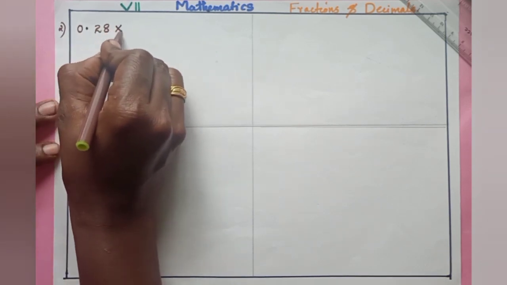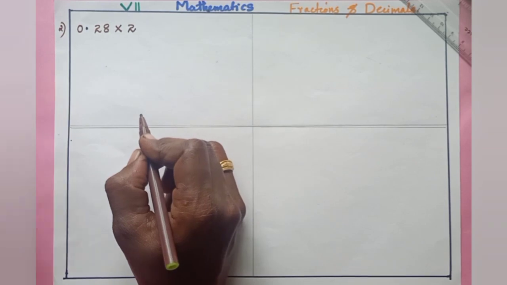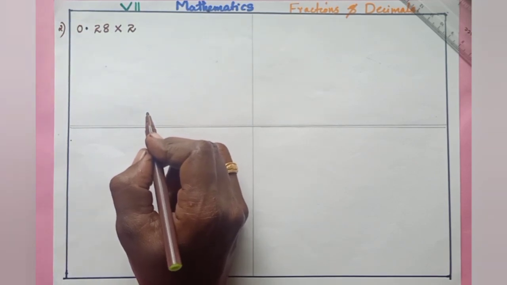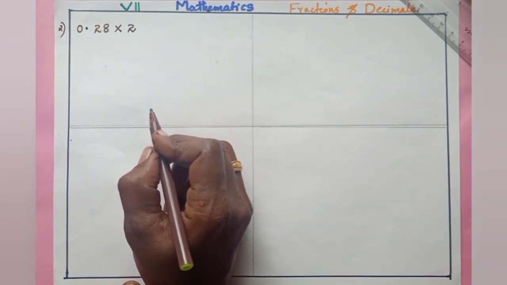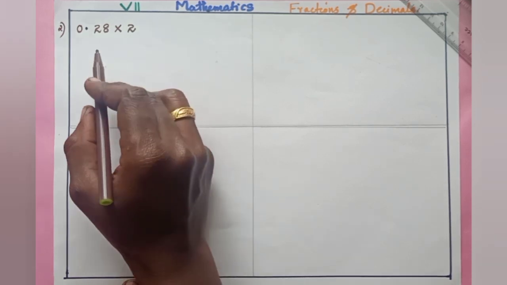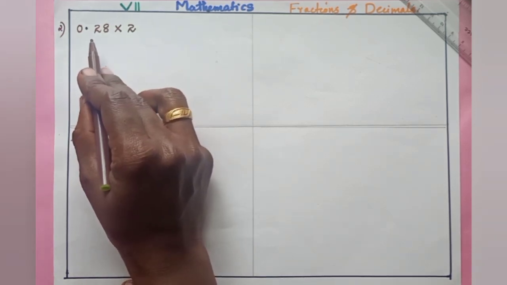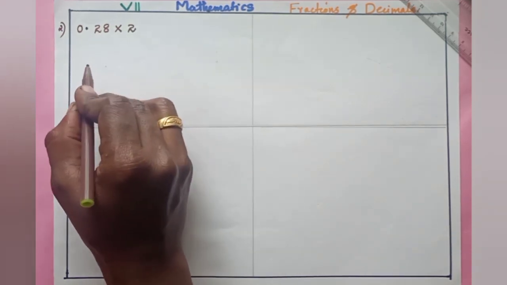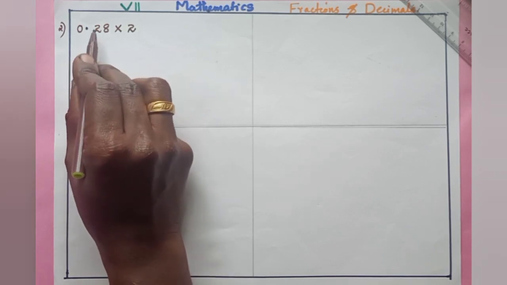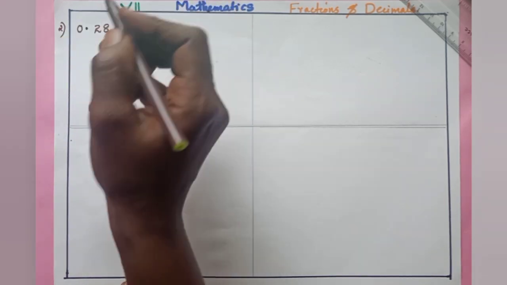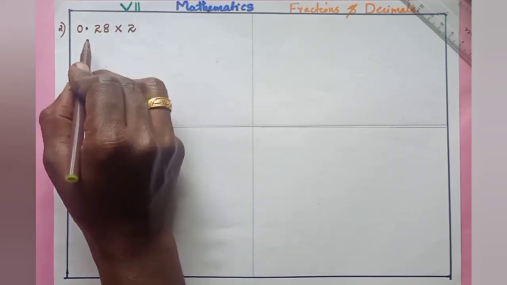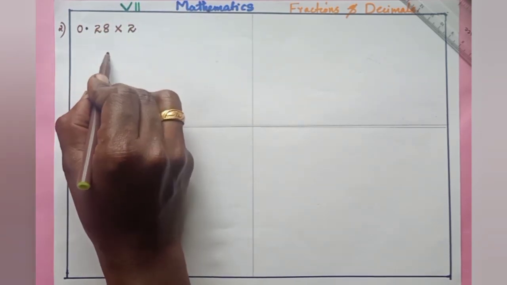0.28 into 2. The first step is to change the decimal number into a whole number, ignoring the decimal point. So we get 28.